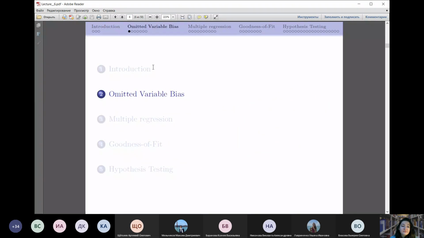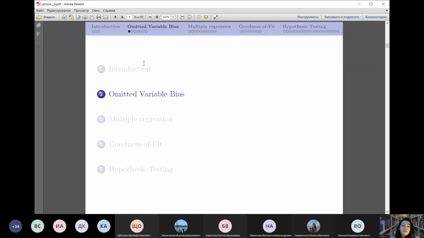And if we didn't include in our main model some really important factors, we should discuss the problem of omitted variable bias.